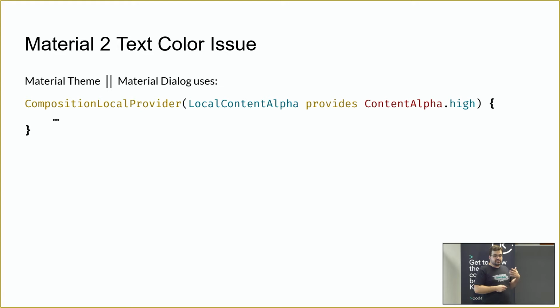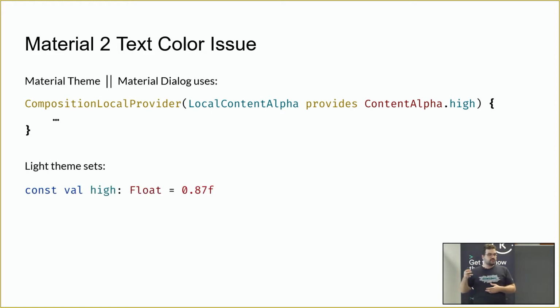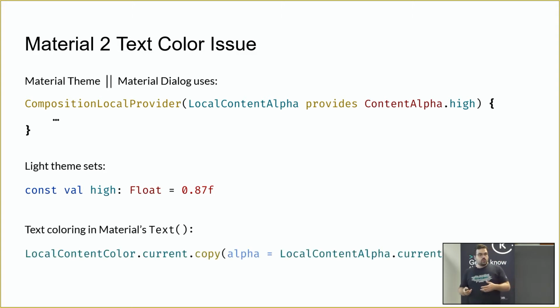So about the text color issue, if you use Material theme, but also other components in Material, will set up the LocalContentAlpha to some constant called high, LocalContentAlpha.high. And this constant gets resolved in light theme to 0.87. And when the text in Material is resolving the final color of the text, it will take the wanted color and automatically apply the wanted content alpha.